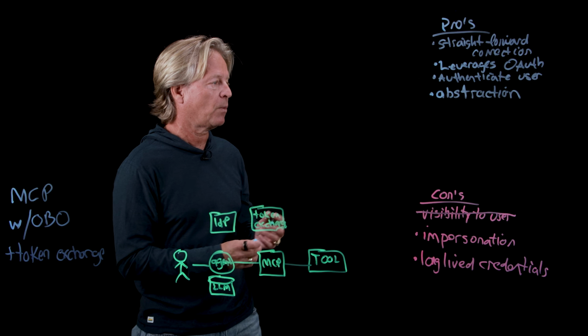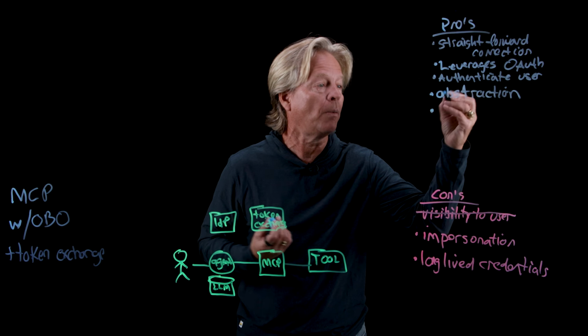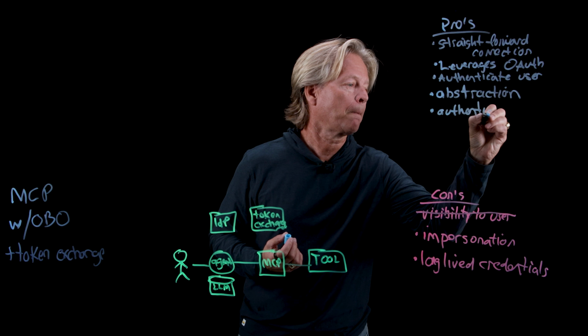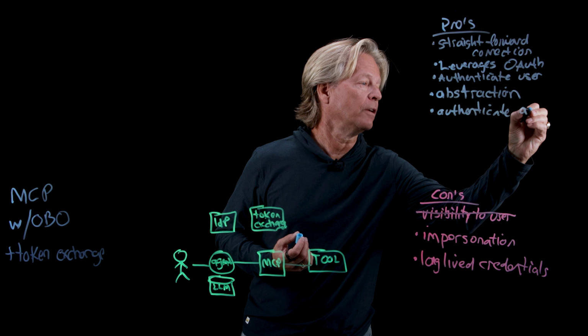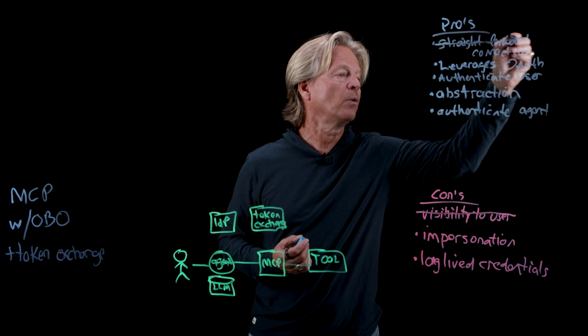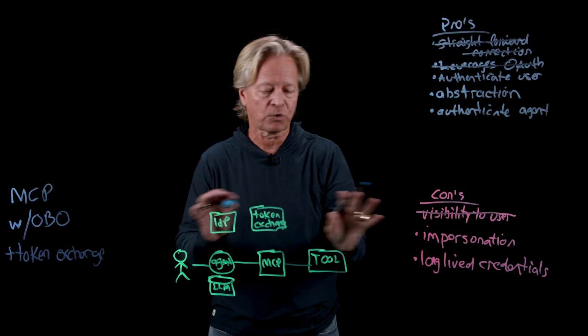So let's look at what we're doing now as pros for bringing in a token exchange. Well, first thing is that we're going to authenticate the agent. So we've authenticated the user before. We've actually started getting rid of some of these other mechanisms. We're getting rid of the straightforward connection.